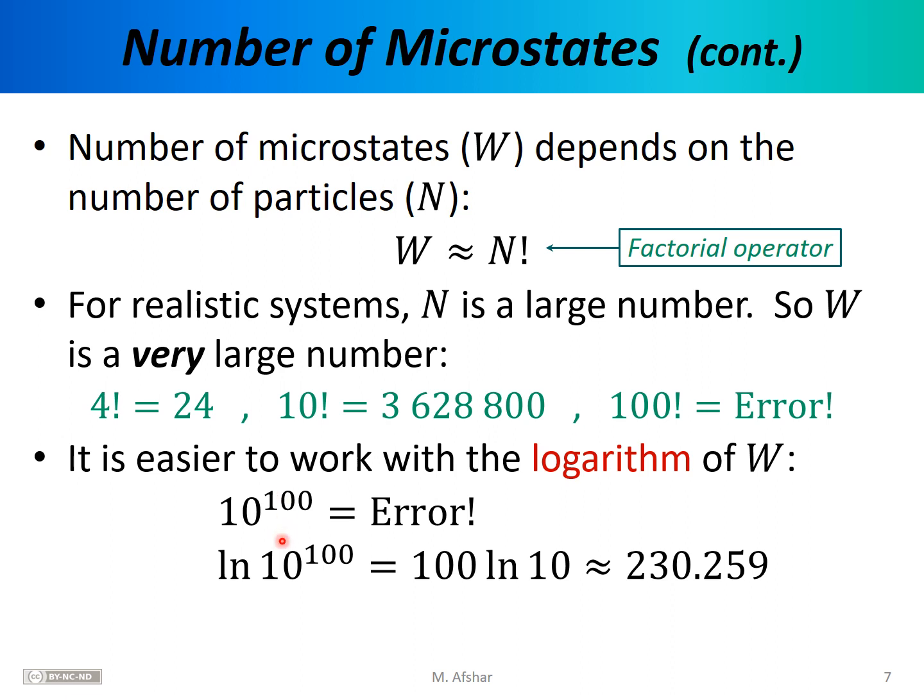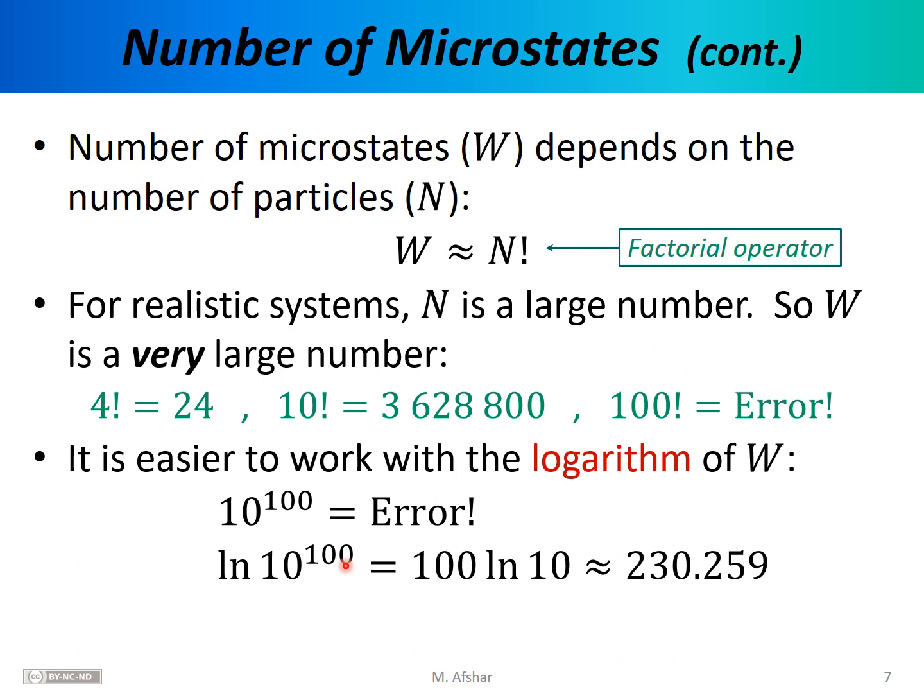If you try to compute 10 to the 100 plus 1 on your handheld calculator, you'll either get an error message or you'll simply get 10 to the 100 back in return, even though you added 1 to that number. On the other hand, almost every calculator can calculate the natural log of 10 to the 100.